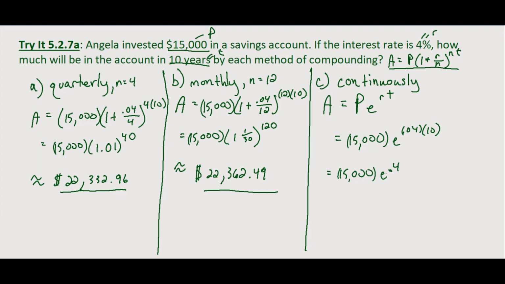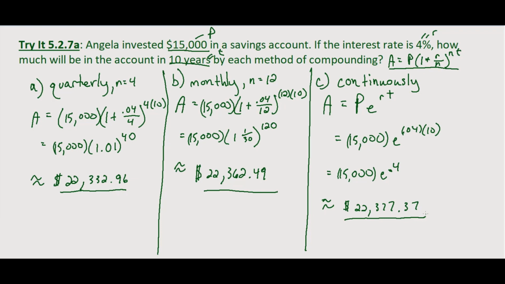So E to the 0.4. And that's going to be approximately 15,000 times E to the 0.4, which is $22,377.37.